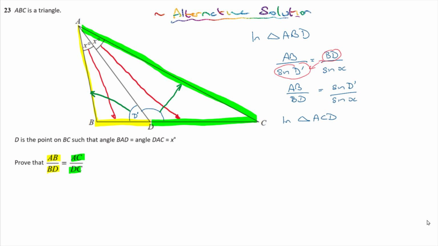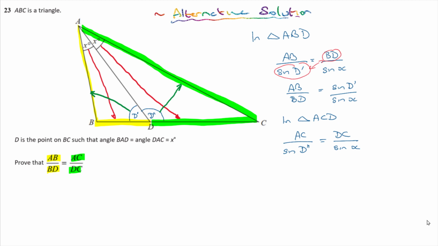So first off, I've got the one opposite angle D, which this time I'm going to call D double dash, just to distinguish it from the littler version of angle D. Okay, so the side AC over the sine of D double dash, that is equal to my other side, DC over sine of X.